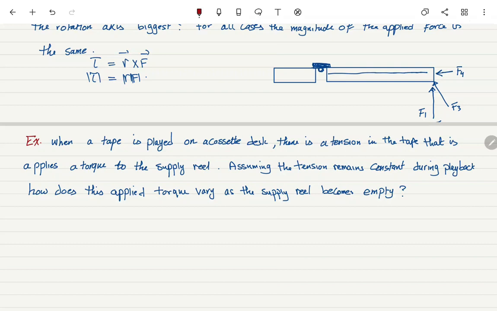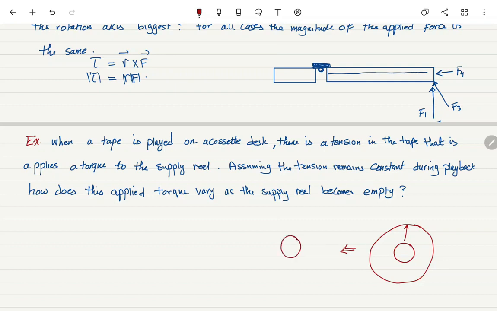To answer this, let's imagine how the supply reel looks. This is the core, and here's the tape around it. Now when the supply reel empties, it means that all this radius will decrease, and the only part left is the core itself, which is the small one.